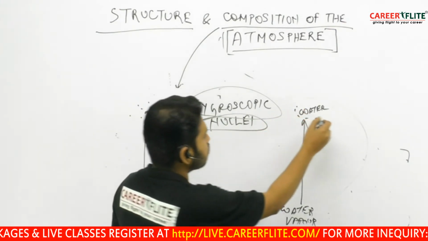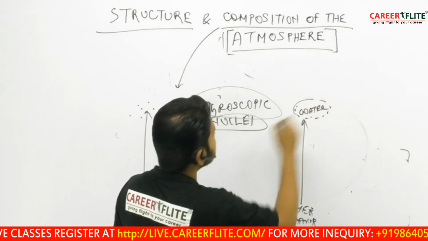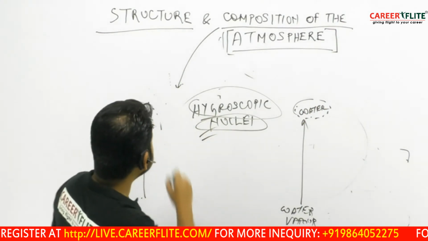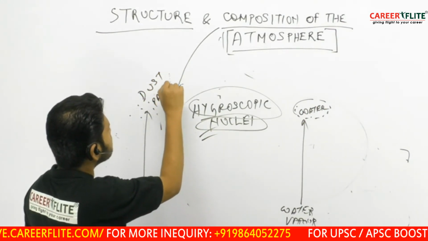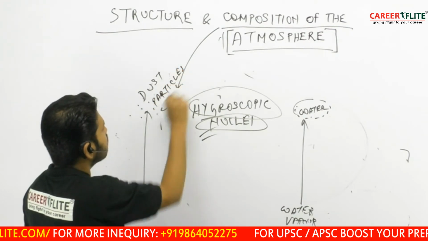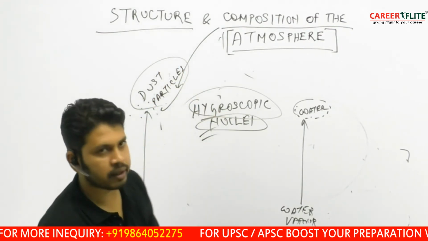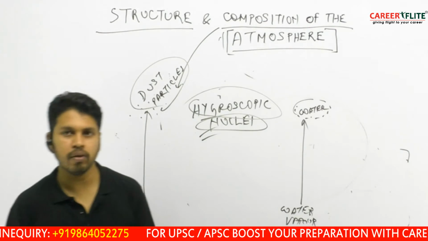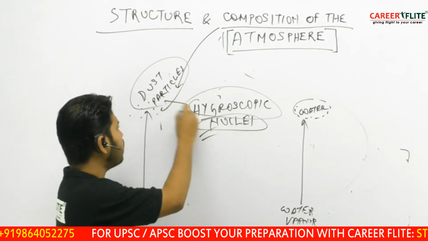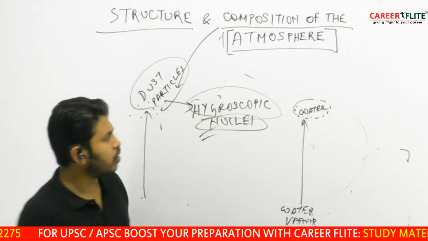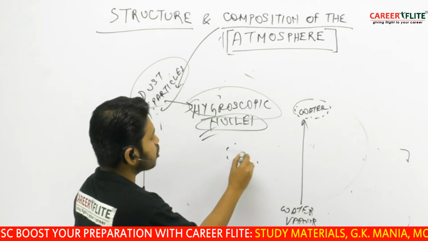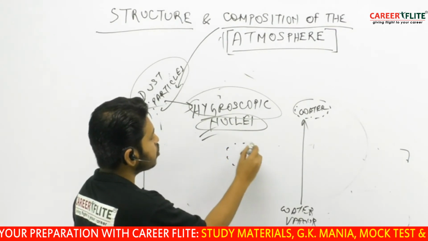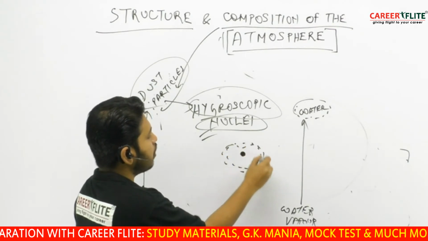So these water droplets will surround these hygroscopic nuclei, these dust particles. The dust particles have the capability to absorb water molecules. So they behave like hygroscopic nuclei. These water molecules will be absorbed around this dust particle, and they will form cloud.